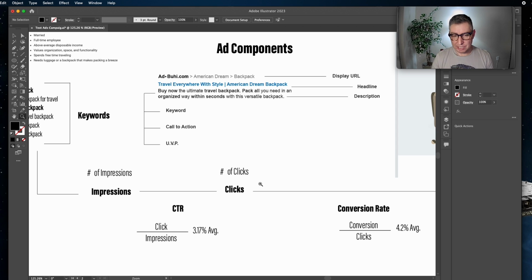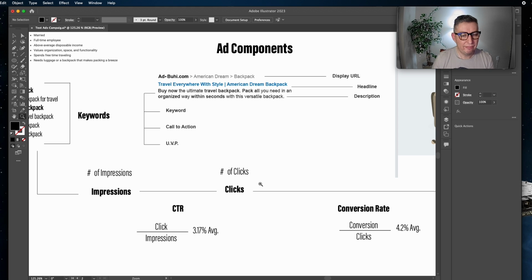Second, clicks. Clicks happen every time someone clicks on your advertisement after it is shown. So if I have a lot of clicks, it means that the content of my advertisement was appealing enough and resonated with my target audience, so they clicked on it to know more.